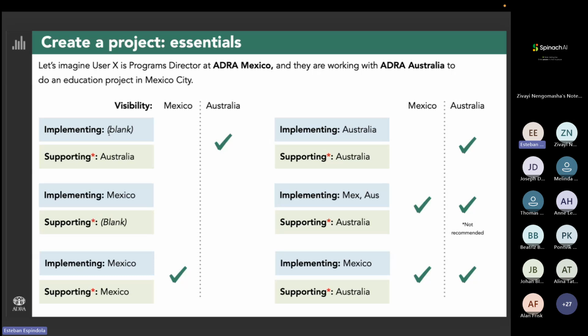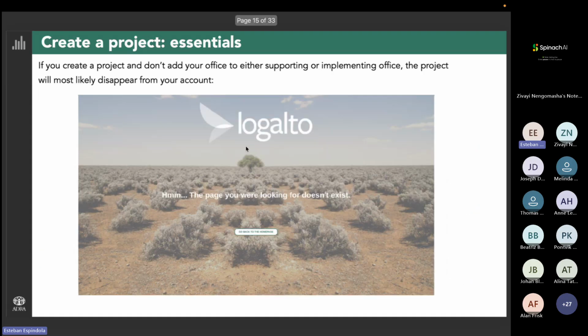If we let implementing Office blank, because it's not a mandatory question, but we have our supporting office, which is Australia, there, what will happen is that I, coming from Mexico, created a project, and once I click save and my project is submitted, I will see this screen.